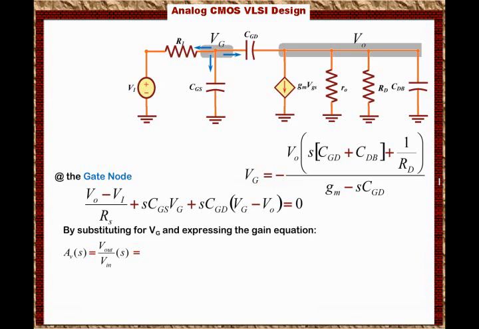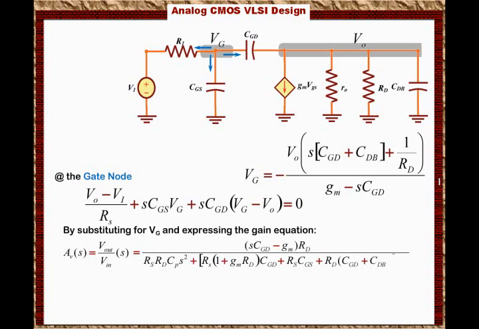This equals a rational function. At the top is S times CGD minus gm, times RD, over RS times RD times CP S squared, plus RS times (1 plus gm times RD) times CGD plus RS times CGS plus RD times (CGD plus CDB), the whole thing multiplied by S, plus 1.